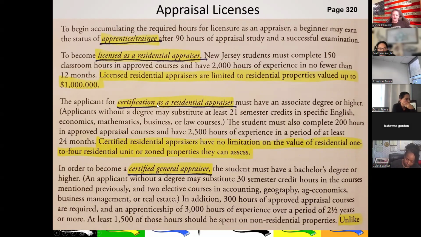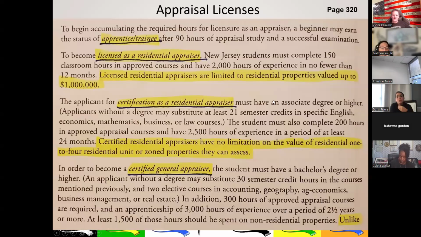And then you could appraise residential properties with no monetary limitations on it. But if you want to appraise commercial properties, then you need to graduate to get that certified general appraiser's license. And you need to have 300 additional hours of class and 3,000 hours of experience in not less than 2.5 years, with half of those appraisals being done on non-residential properties.